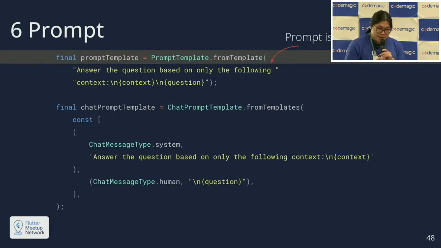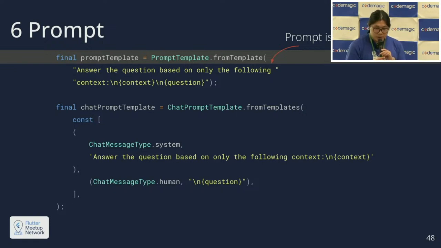And next is the sixth step, which is the prompt. The prompt is important for the output. The result may change based on how we write the prompt and deliver it as input to the LLM. You can use prompt template and chat prompt template.